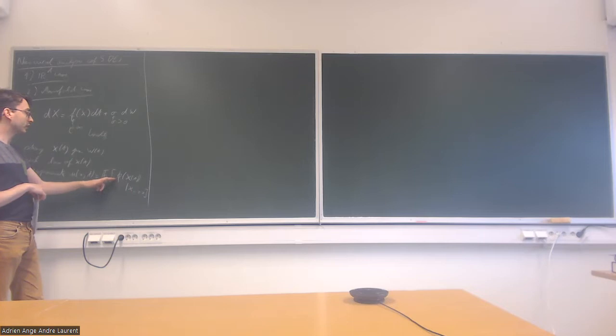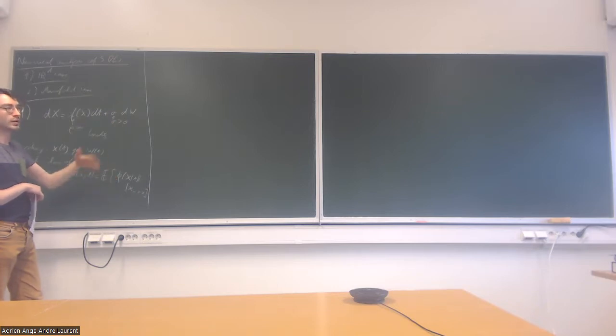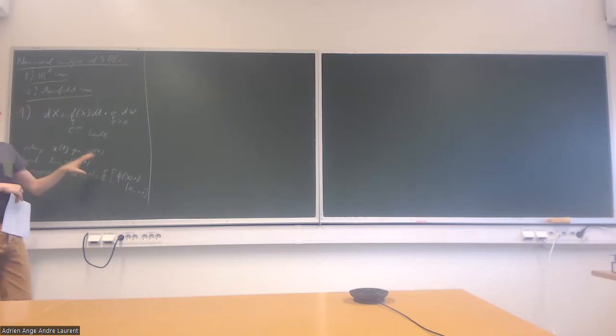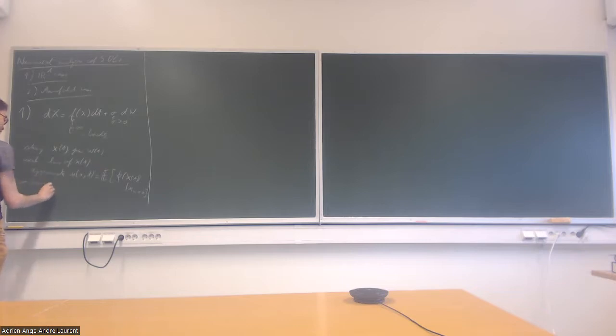But the idea is that this kind of dynamics appears in molecular dynamics. If you take phi to be x squared, I simplified, what you approximate is the temperature of the gas. So that's actually exactly the quantity that we're interested in here. And finally, we saw very fast the approximation to the invariant measure that we won't focus on today. We'll just focus on this one today.